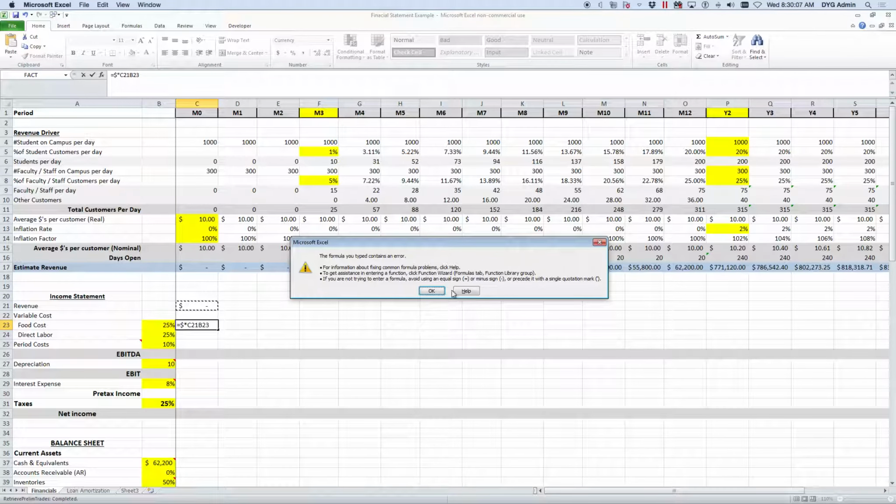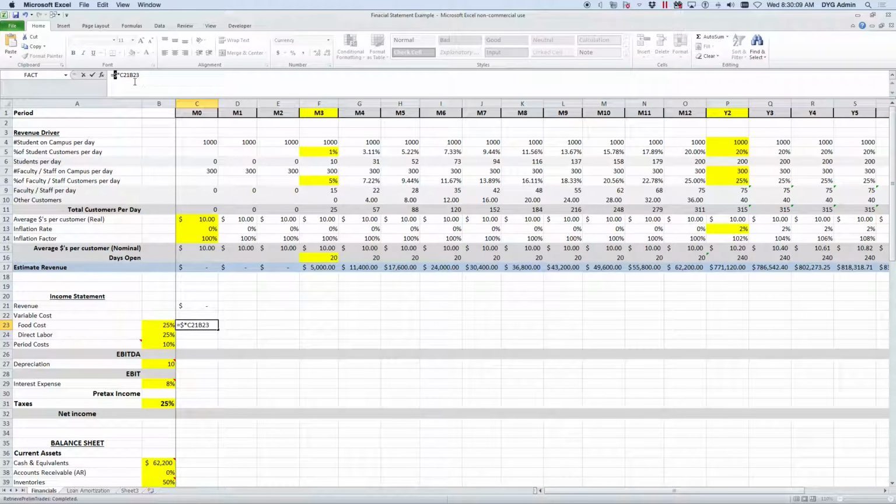Okay. Didn't like that formula. And you'll see we'll make a few adjustments to that as we go forward. Another thing I can do is I can put a little dollar sign in front of the row 21 where the revenue is and drag this formula down.